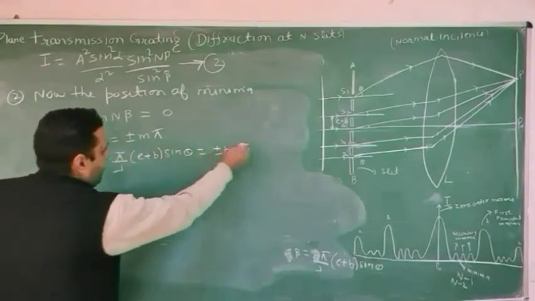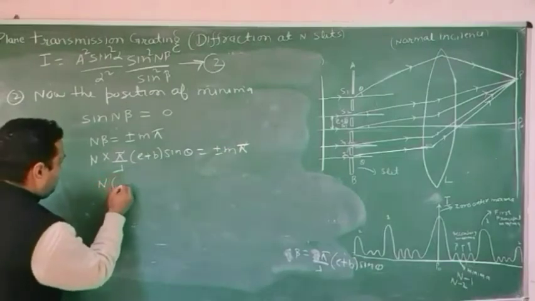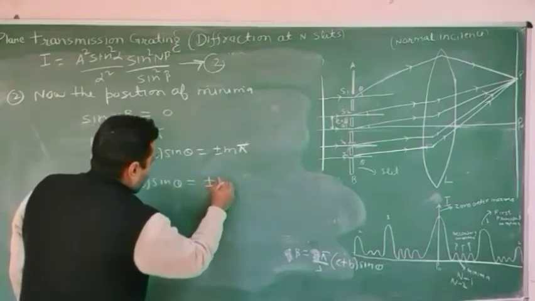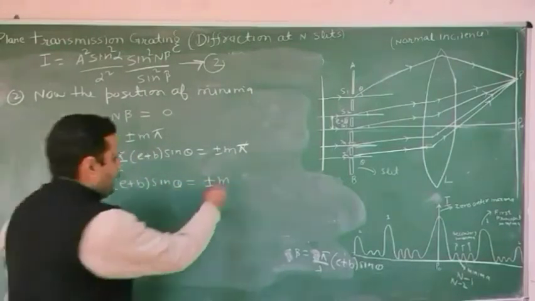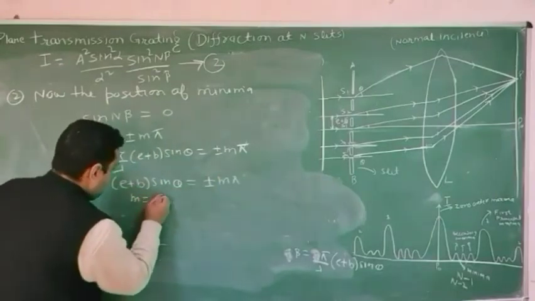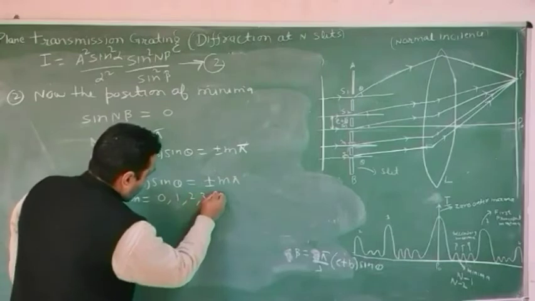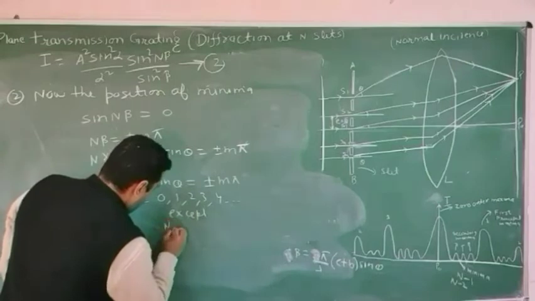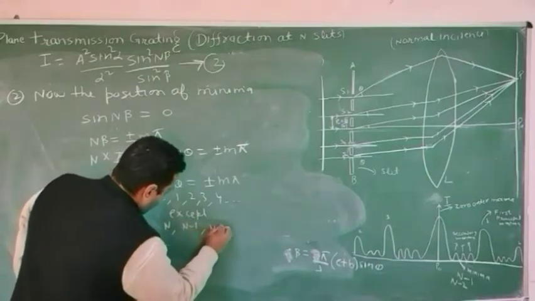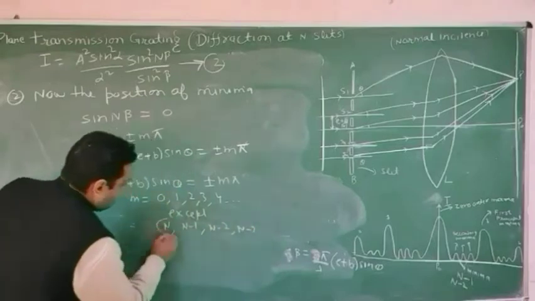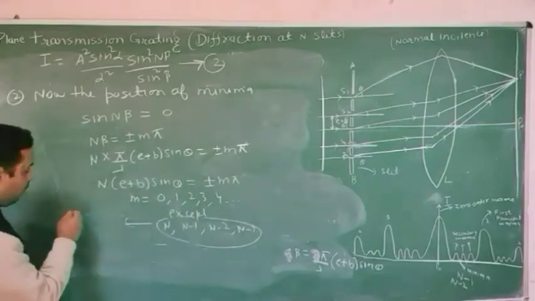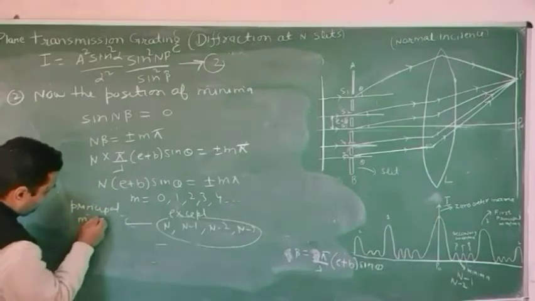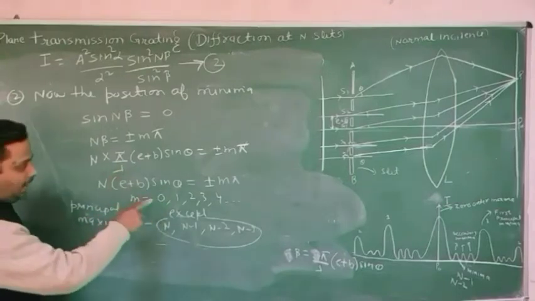Now the condition will be n(e plus b) sin θ is equal to plus minus mλ. m is 0, 1, 2, 3, 4, except n, 2n, 3n, because these are the condition of principal maxima. 0 is also a condition of principal maxima.